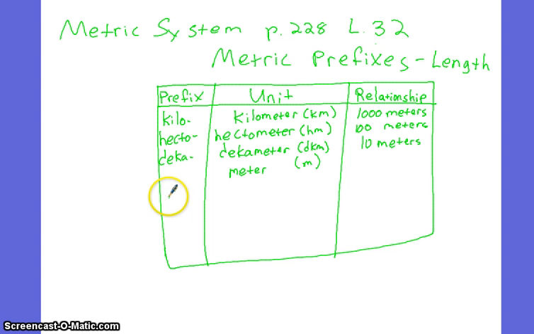Now we go to the decimal side of things. You know your first decimal is in the tenths place, so you can pretty much guess where this is going to go. Decimeter, which is dm, and that is 1/10 of a meter. Centi, which means 100, is the centimeter.